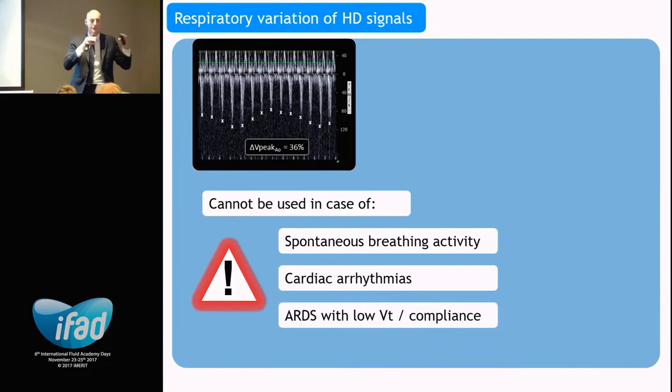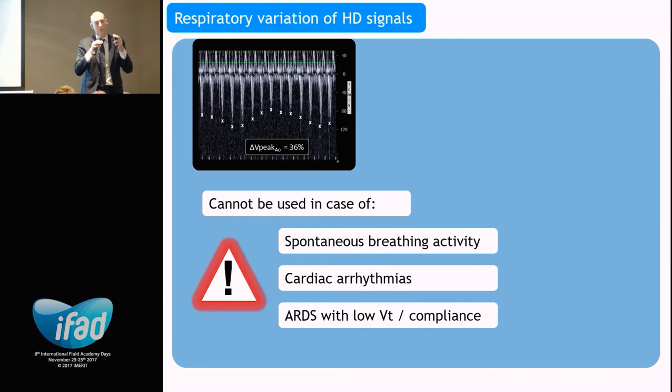Nevertheless, as for pulse pressure variation, there are some very important limitations. You cannot use that in case of spontaneous breathing activity, in case of cardiac arrhythmias, or in case of ARDS because of the low tidal volume and because of the low lung compliance.